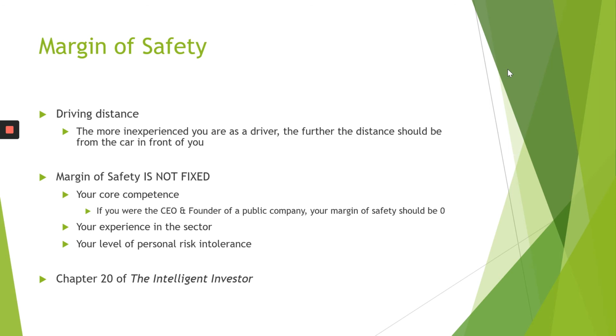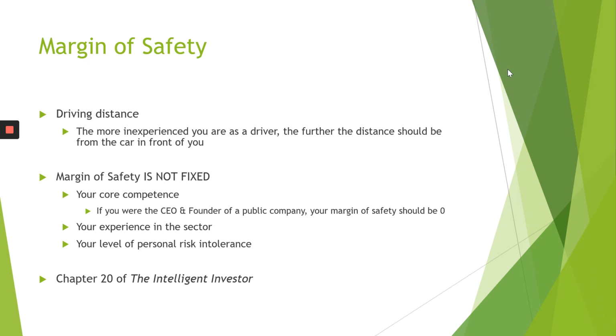So you give yourself a bigger margin of safety. If you're a professional driver, say you're a NASCAR driver or a Formula One driver, then yeah, you can probably get away with 1.5 cars because you have better reactions than 99.9% of the population. So you see here, margin of safety is not fixed. You cannot apply a flat number to margin of safety.